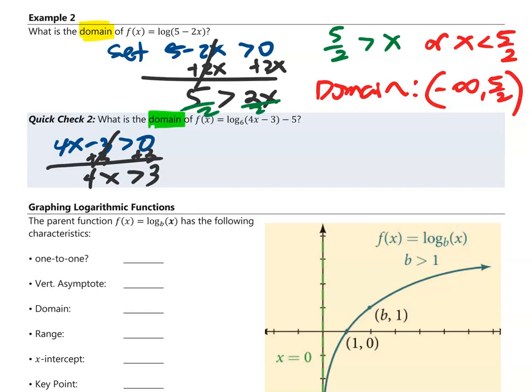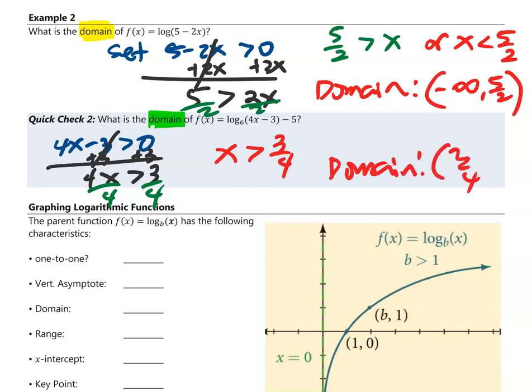Then divide both sides by 4. And you will have x is greater than 3/4. So the domain is 3/4 to positive infinity. So again, you notice that this minus 5 has no effect.